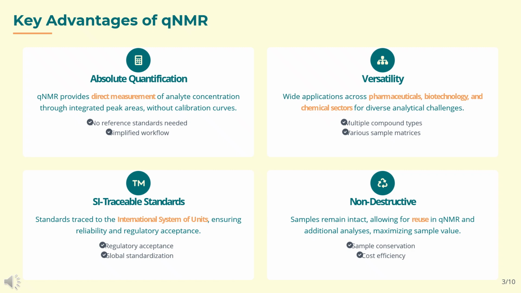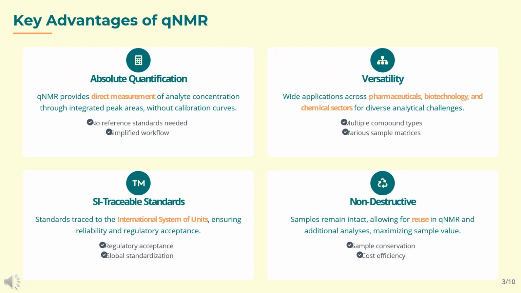Absolute quantification. You can measure analyte concentration directly by comparing integrated peak areas without needing a reference standard of the analyte. Versatility. It works across pharmaceuticals, biotechnology, chemical industries, and for a wide range of compounds and sample matrices.